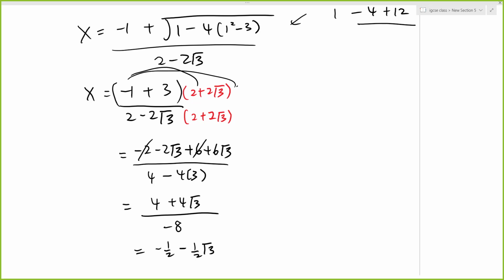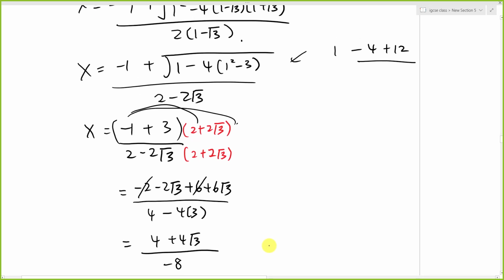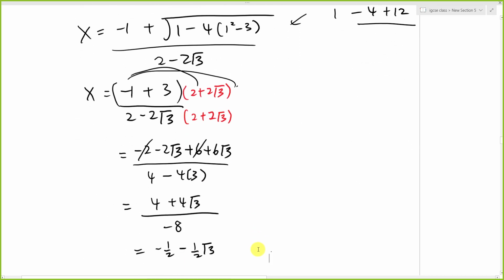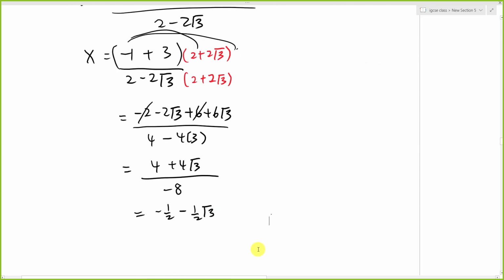Yup, this will be my final answer, because they want me to leave it in that pattern, right? Or if I can further simplify, I don't think we can further simplify. Yes, this should be my final answer.